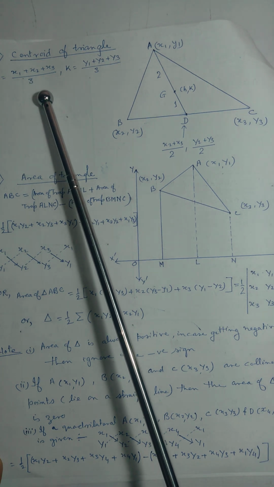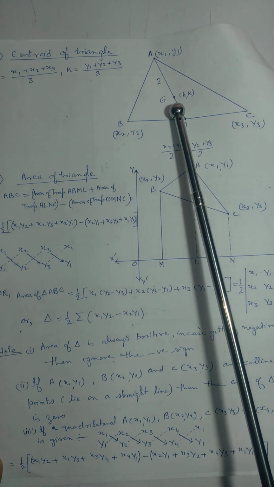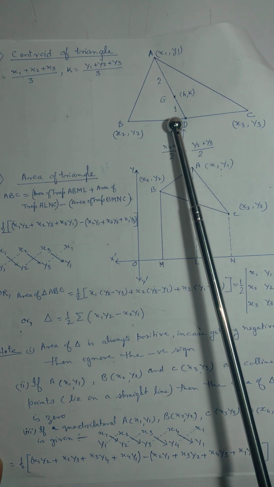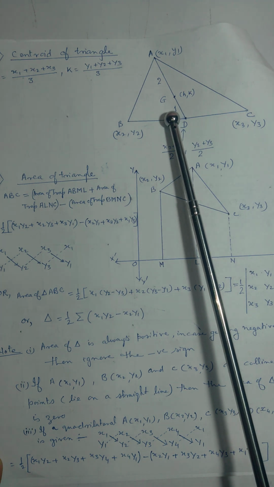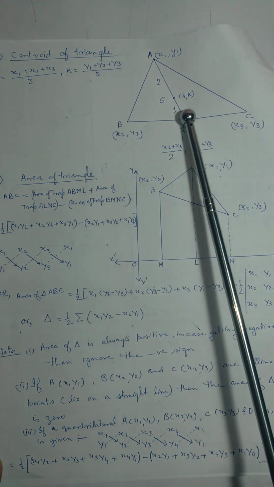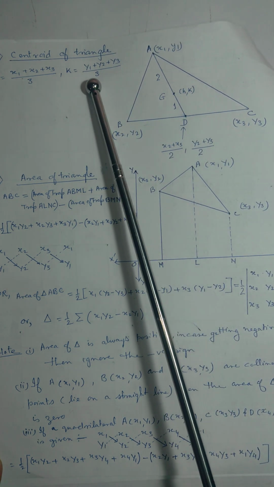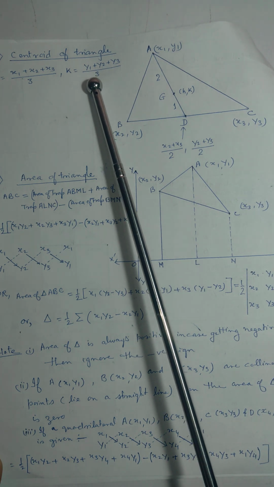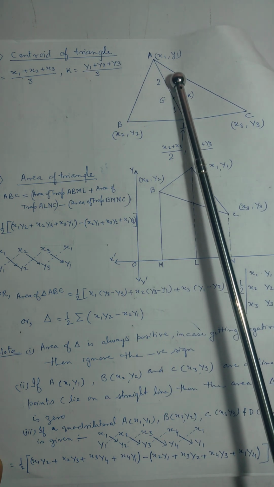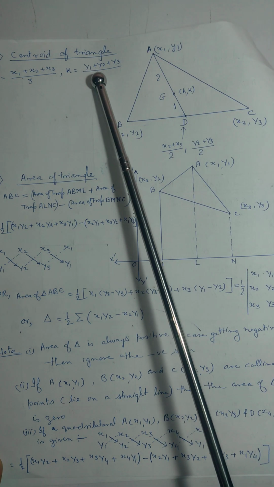Previously, we have learned how to find the coordinates of the internal point which divides in the given ratio, that is 2:1. Similarly, k, the ordinate of the point G, the centroid, will be equal to y1, where 1 is multiplied to y1, so 1 into y1 will be y1.